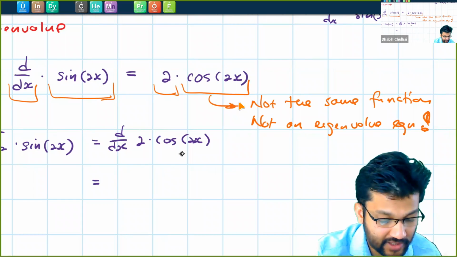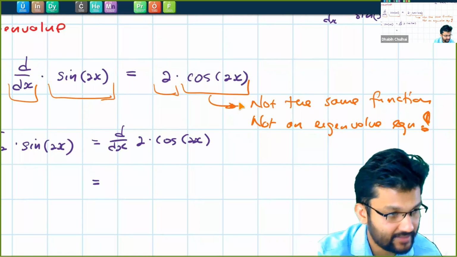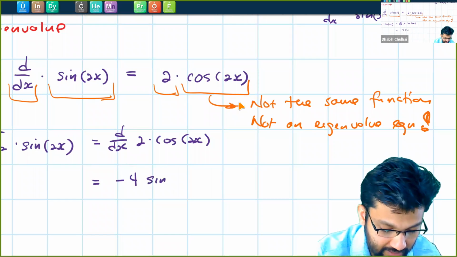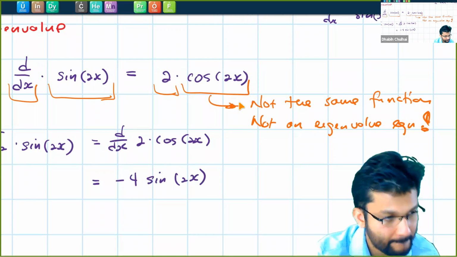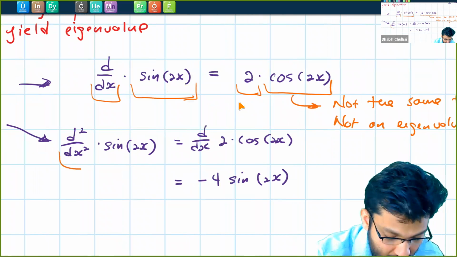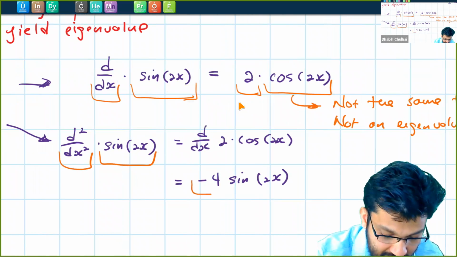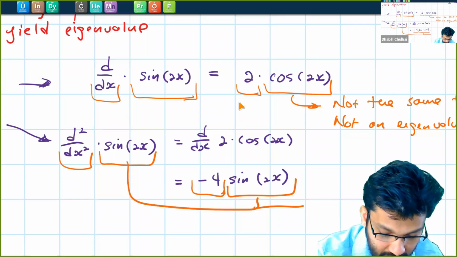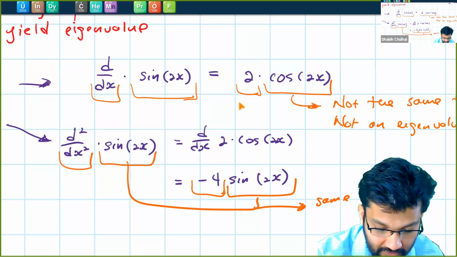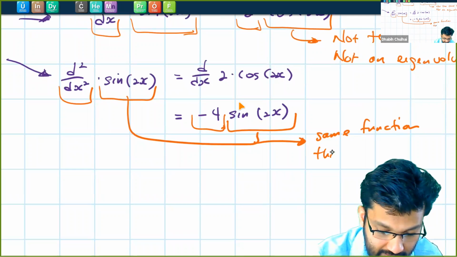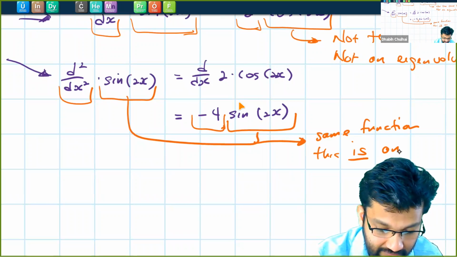And the differential of cosine is minus sine, so this becomes minus 4 sine 2x. And now if we examine this, here's the operator, here's the function, here's a number, -4, and here is the same function. Same function, which means this is an eigenvalue equation.